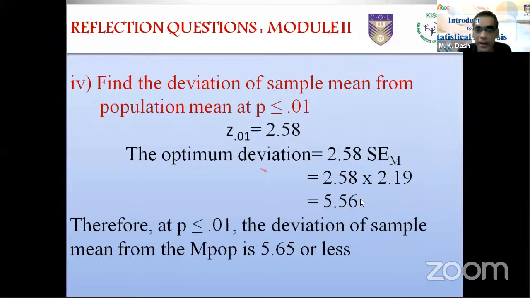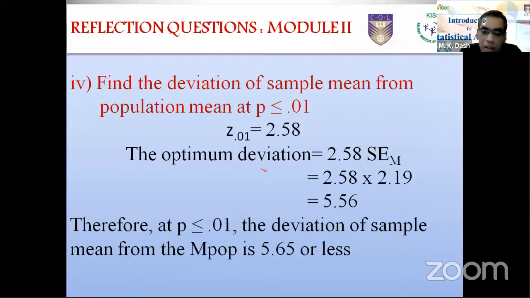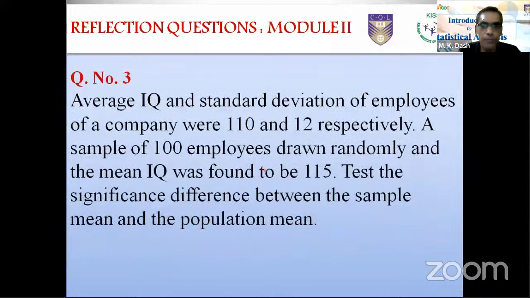To find the optimum deviation, multiply 2.58 by the standard error. You will get 5.56. Therefore the probability is less than or equal to 0.01. The deviation will be 5.56 or less. It will not be more than 5.56. The optimum deviation will be 5.56.